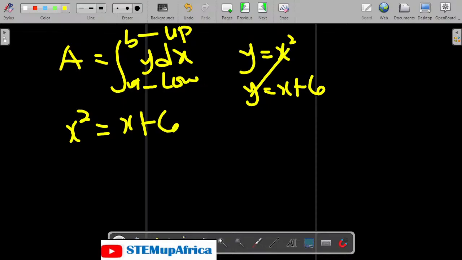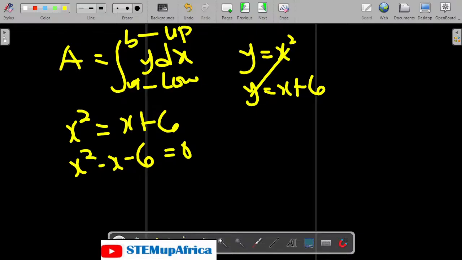Let's substitute this y in place of this y. That's why I'm having x squared equals x plus 6. If I rearrange this and transfer the x and the 6 to the left hand side, I have x squared minus x minus 6 equals 0. This is a quadratic equation we can solve by factorization or formula, but factorization should be better.